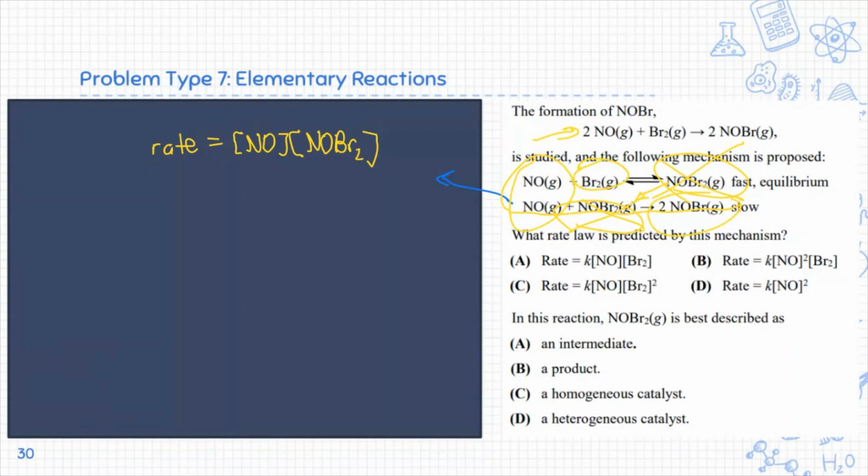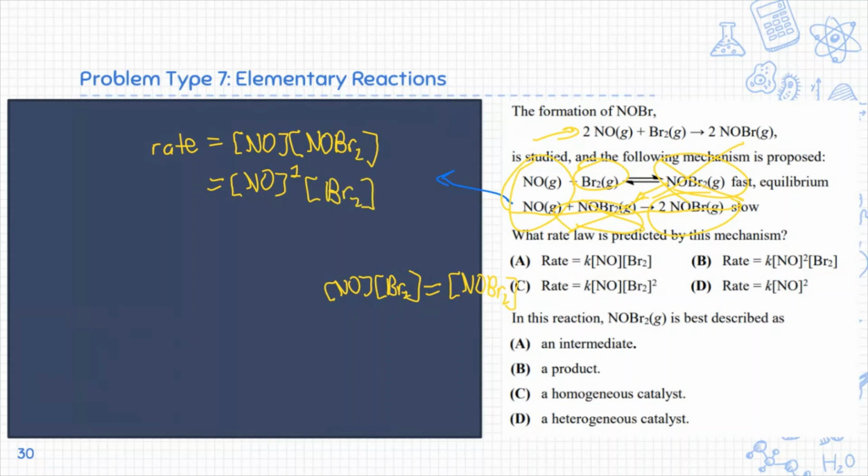Very cool. All right, so we know that NO and Br2 is basically the same thing as NOBr2, right? So instead of plugging this in, we can plug this value in. So that would be NO to the second power and then Br2.